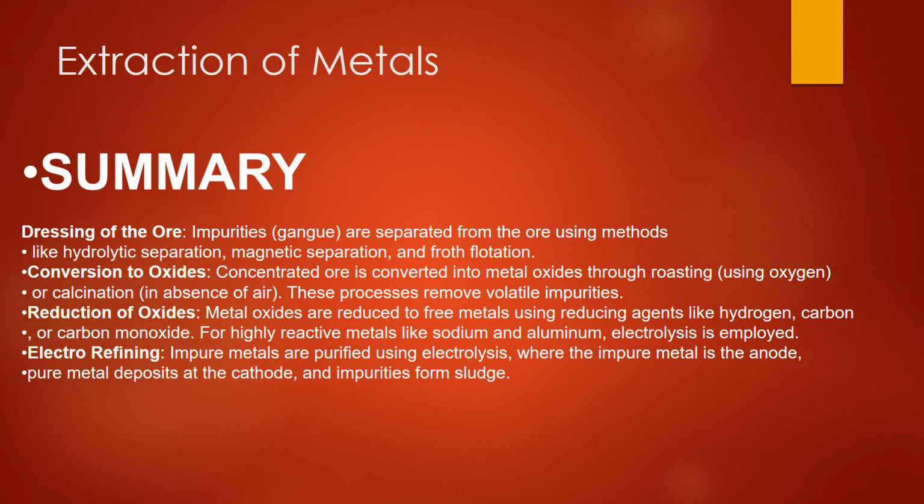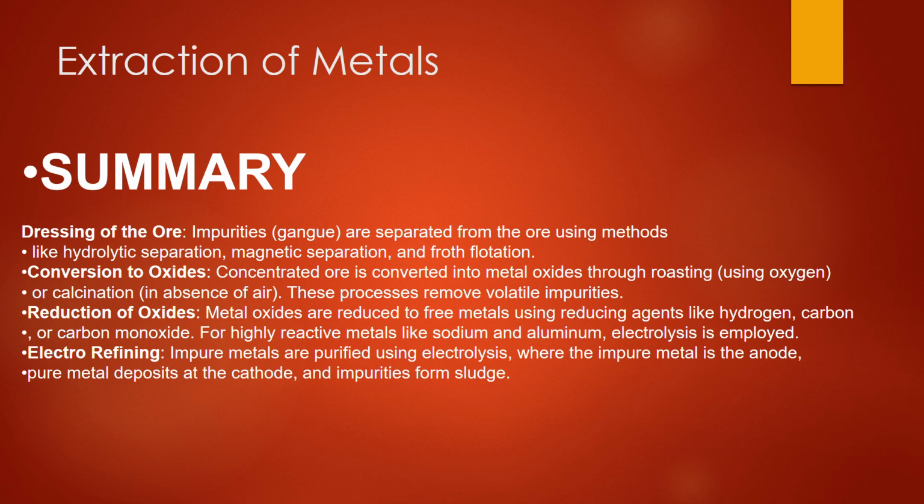So first, the summary. We have four steps in total to extract a metal. First of all, dressing the ore. Dressing the ore means removing the impurities from the ore and making the ore pure. The main impurity found in any ore is gangue.